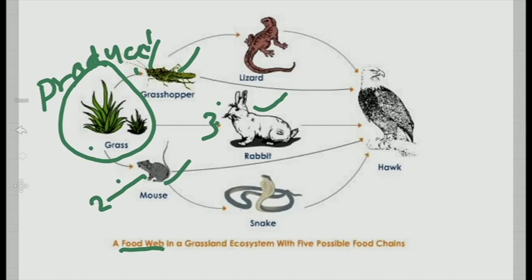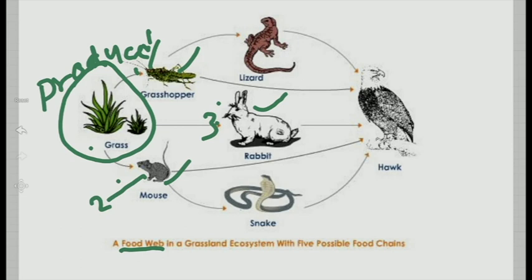Sometimes we also have what we call the scavenger, which here in our case is an example of the hawk. Here, the rabbit, once it has fed itself on the grass, there comes the hawk. It is able to feed on the rabbit.